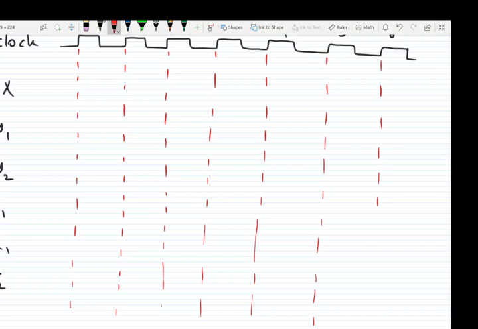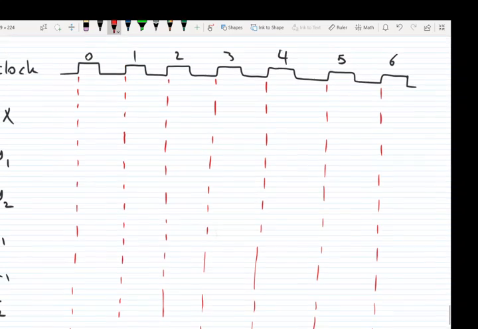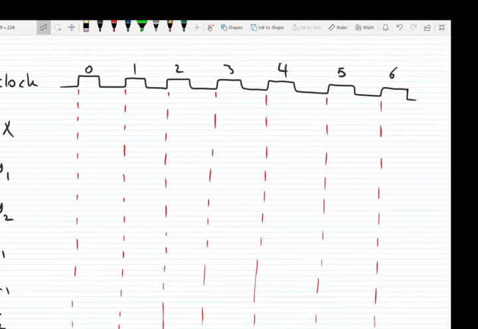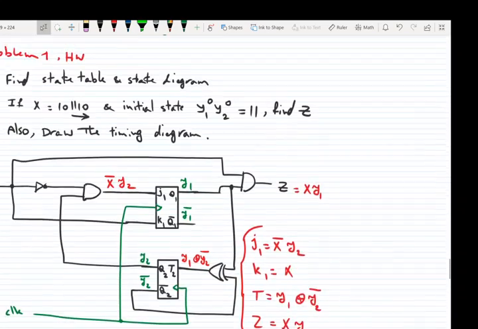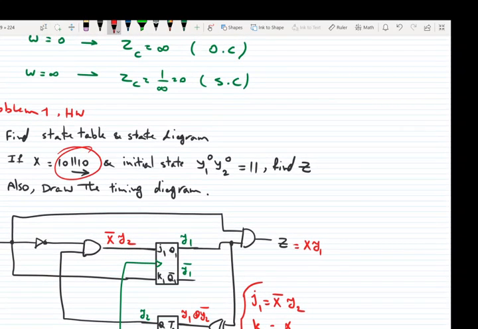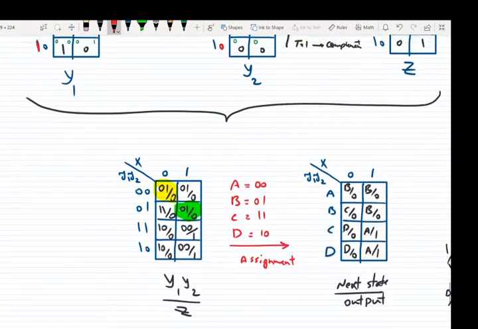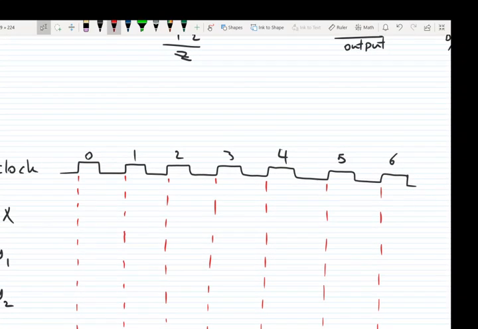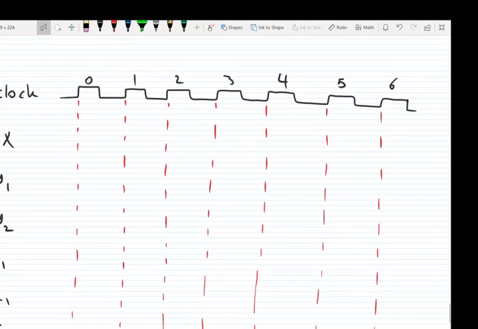These are the edges. And the input, what was the input? If we look at the input, we read it from right to left, so it's 0 1 1 1 0 1. So let's insert x. x starts from 0 with a little propagation delay.